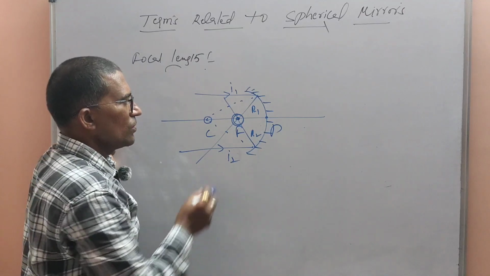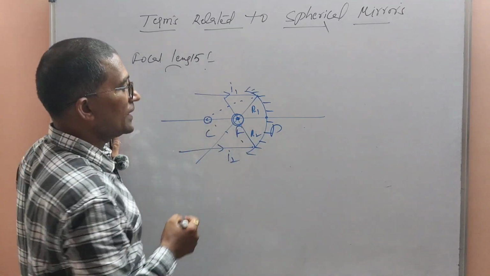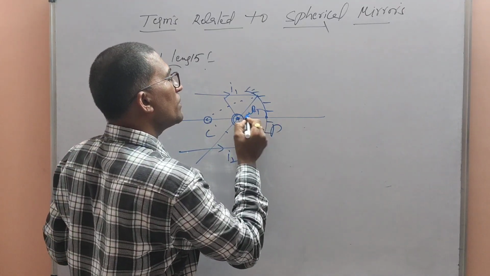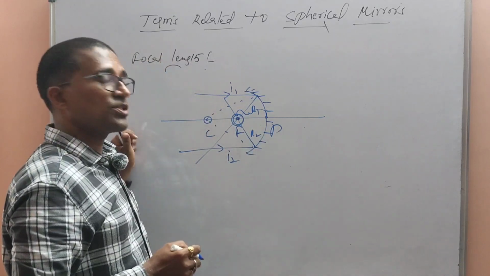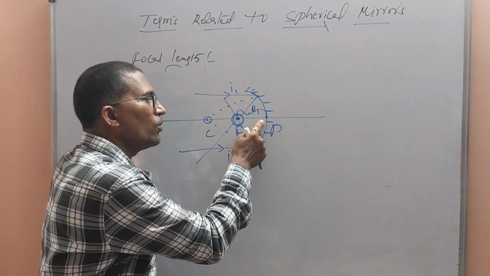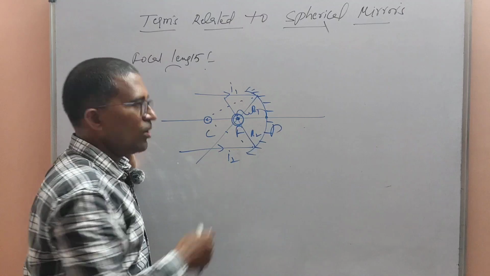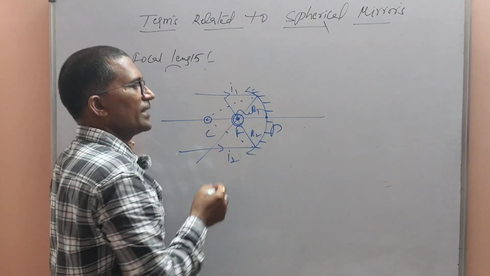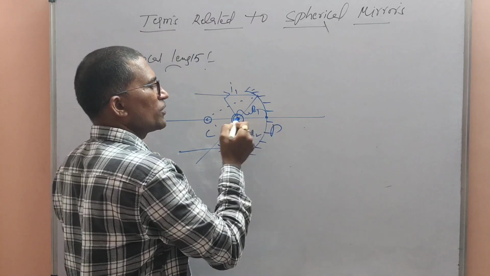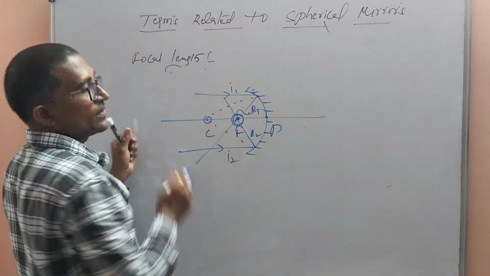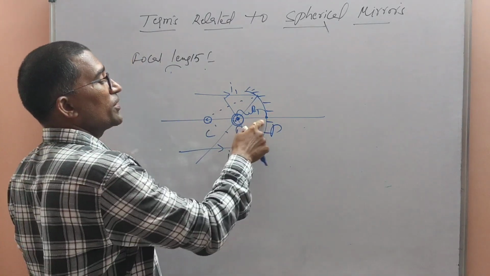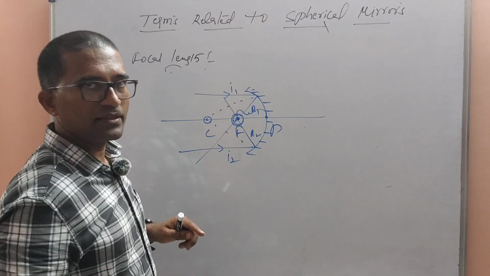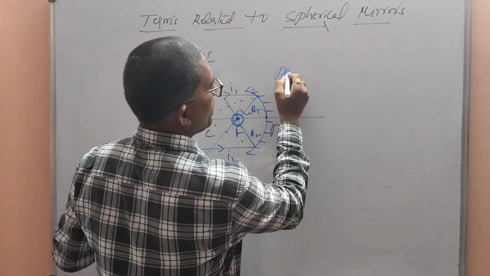So what is the meaning of focal length? The distance between the pole of the mirror and the focus. You should always measure the focal length from the pole to the focus, not from focus to pole. The distance from the pole of the mirror to the focus is called the focal length.